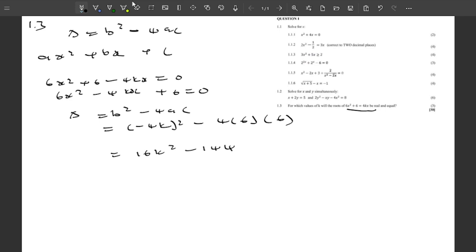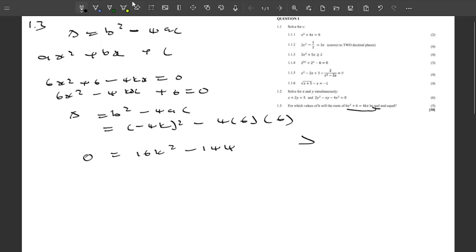They said the values of k, since we're looking for k, have to be real and equal. So this means we can just put 0, and this is going to be an equal sign because it's equal and real. If they stated otherwise, we would use an inequality sign to solve this, if they had added other restrictions.